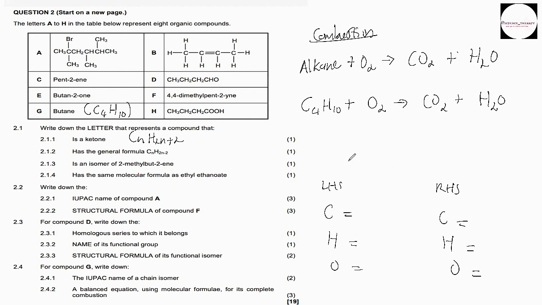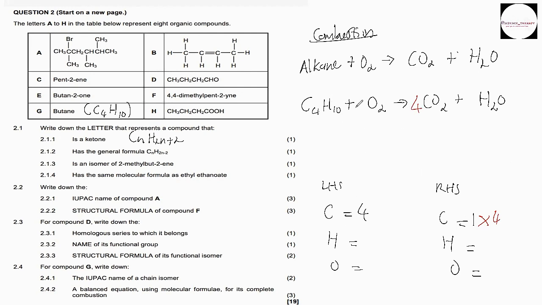How many carbon atoms on the left-hand side? 4. But how many on the right-hand side? Only 1. What integer value can I multiply to 1 so that I get 4? That's 4. Then just before the carbon here, I put that 4.